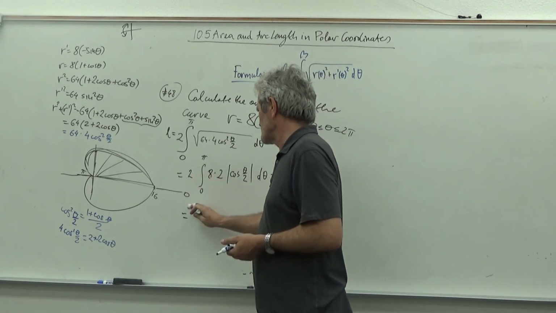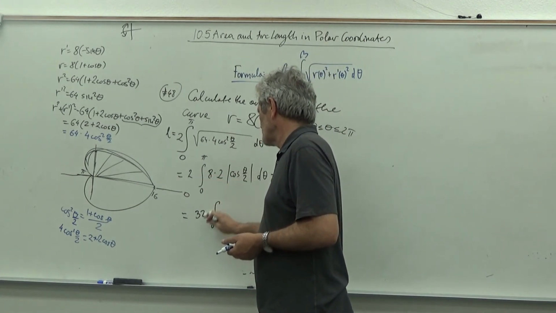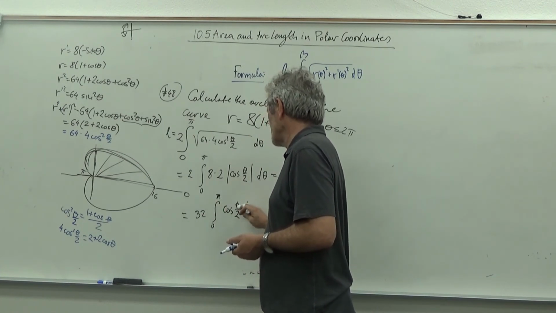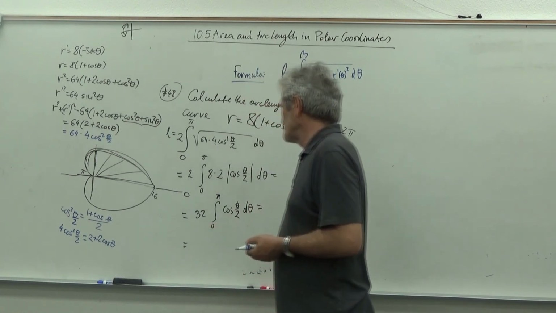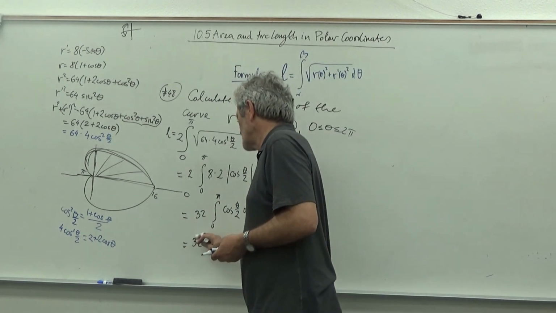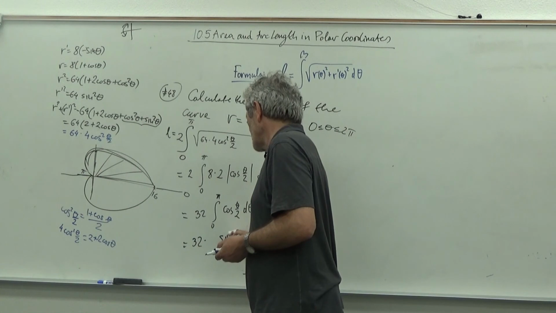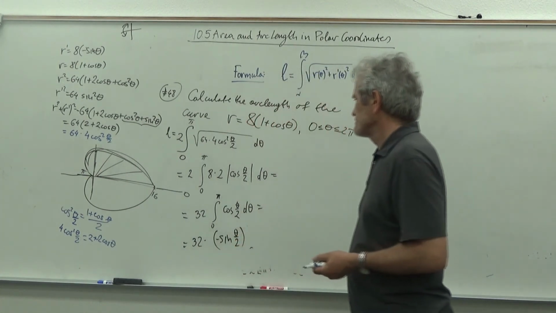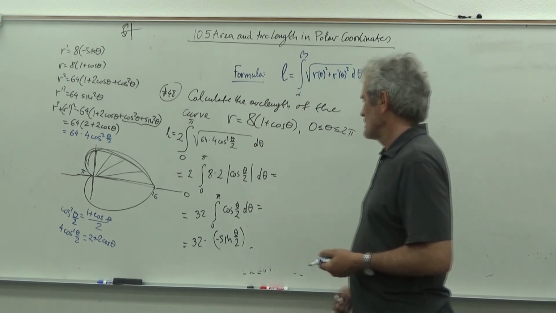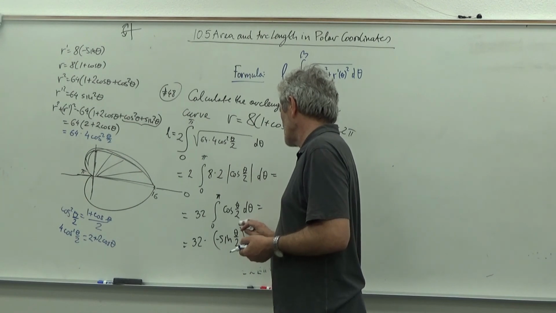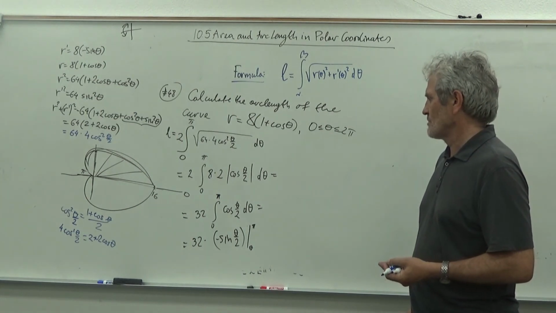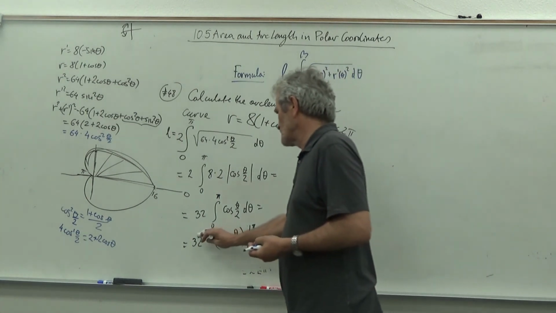Let's see what we have here. 8 times 2 is 16, times 2 is 32. Integral between 0 and pi of cosine theta half. This is a linear correction. The integral of cosine theta half is sine theta half, times 2 for the linear correction.